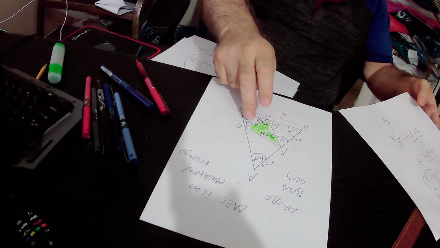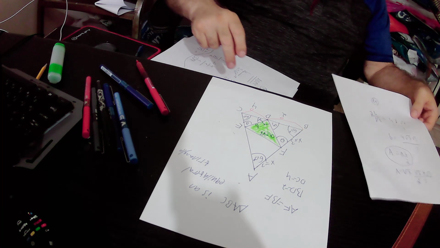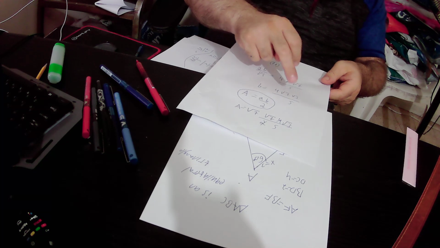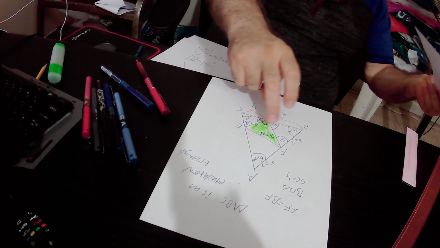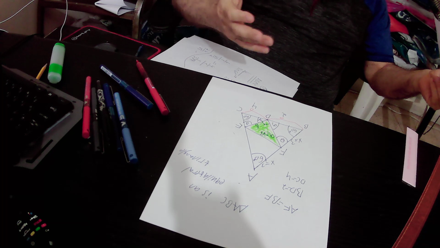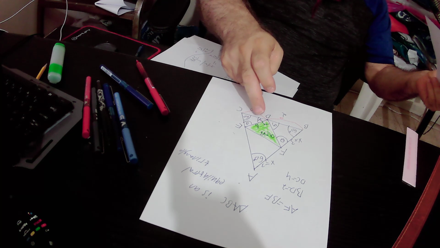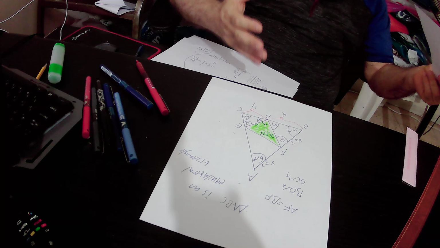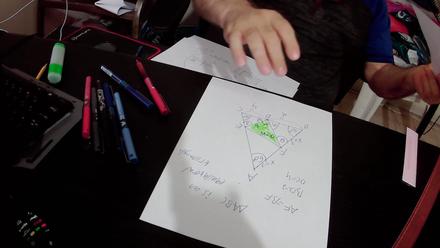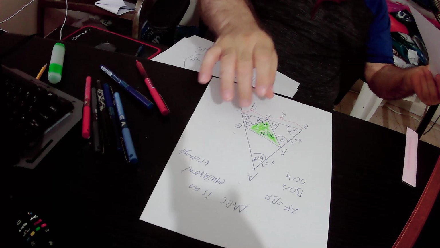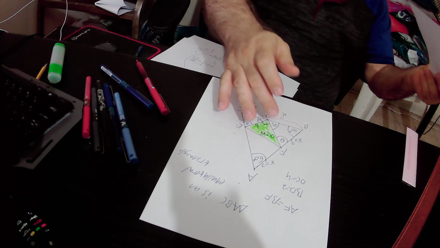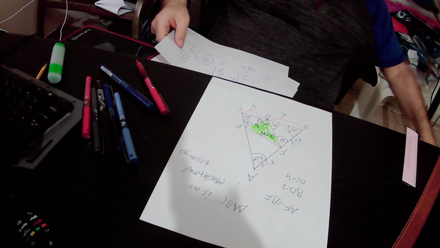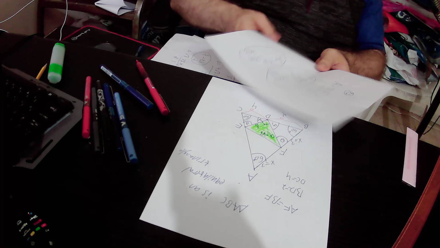We know that b equals 4 times root 7 times root 3 over 5 units, and a equals root 7, so the area of the green triangle equals b times a over 2, that is the area of any triangle: the base times the height over 2. The height is a, the base is b, and we know the values of a and b.